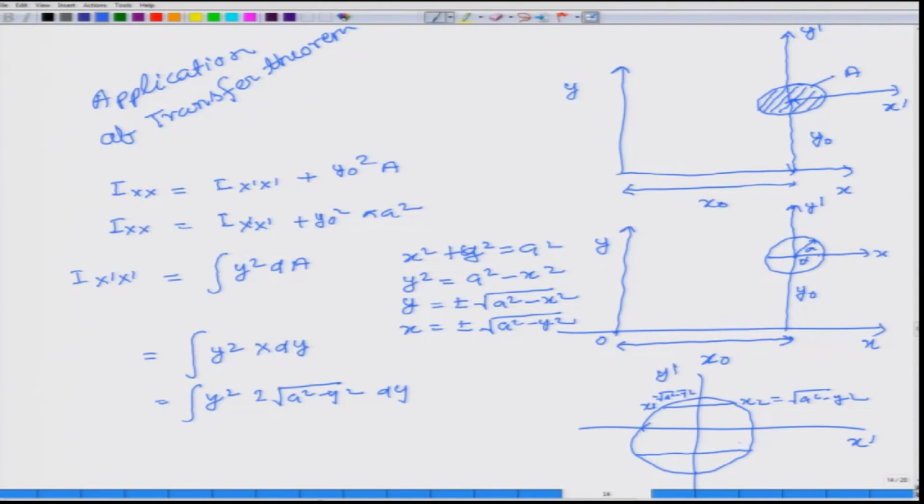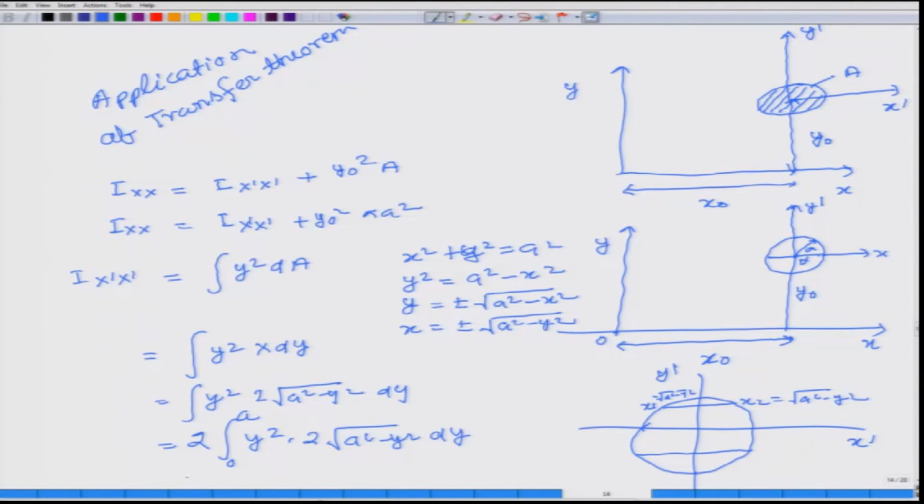Because I have to integrate, I will integrate from 0 to a, and because there is a similar integration on the other side, I will just make it 2 times. So, this is 2 times integration from 0 to a of y square into 2 root a square minus y square dy.